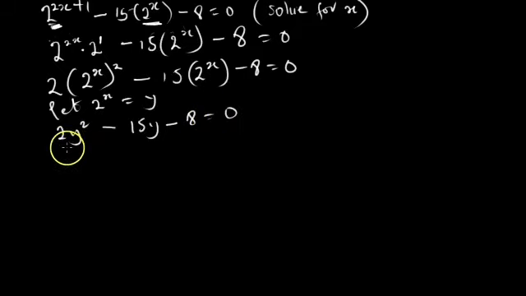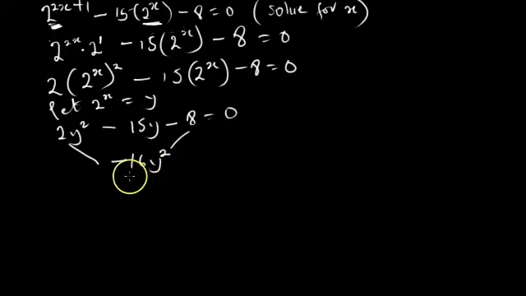Now, I already have my quadratic equation. Let's multiply it out. I have 2y squared, and also I have minus 8. Now, 2y squared times minus 8 is minus 16y squared.